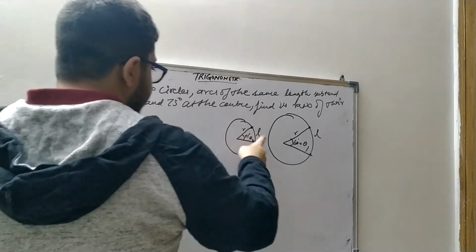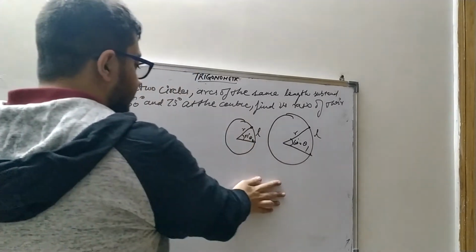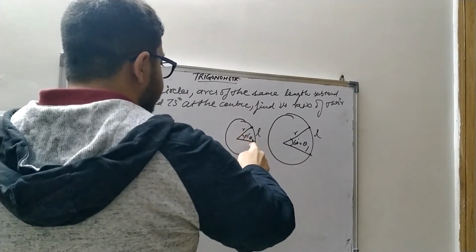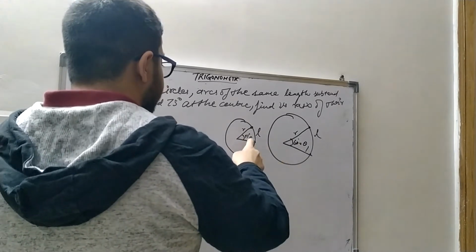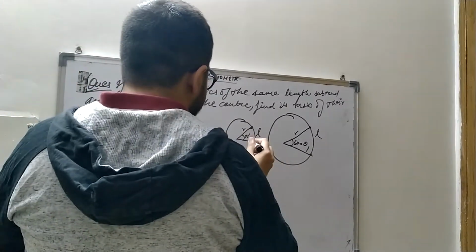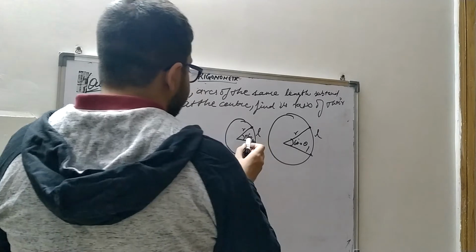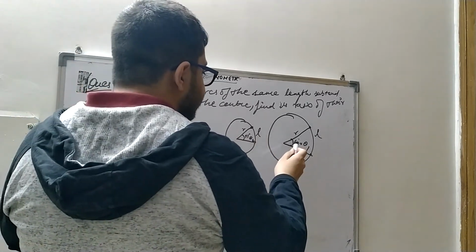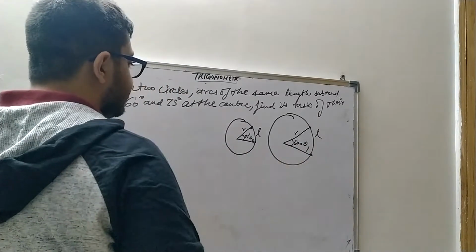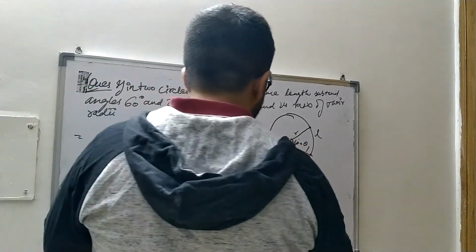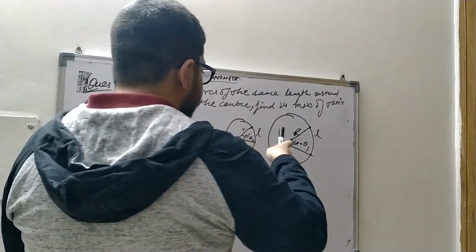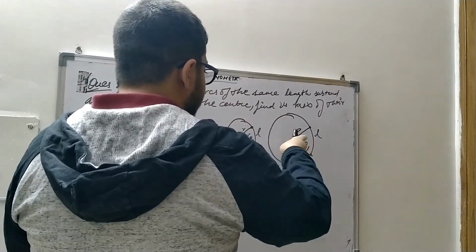These two circles subtend different angle measures. For the second circle theta 2 is 75 degree, and theta 1 is 60 degree. For the bigger circle we take capital R for the bigger radius.